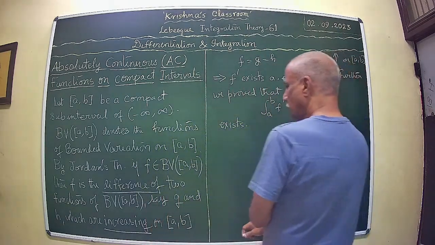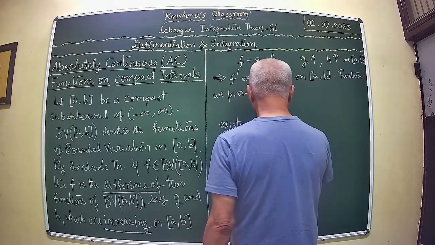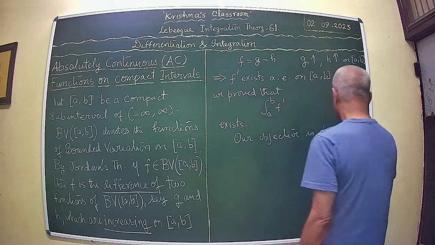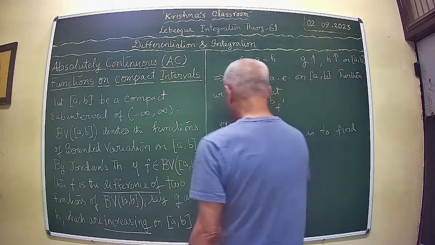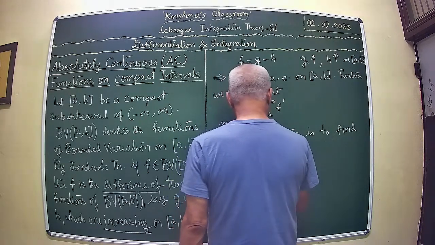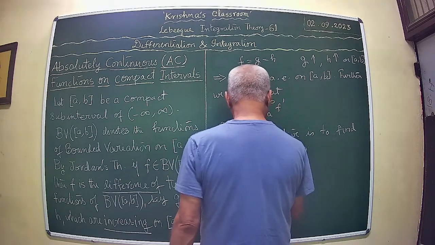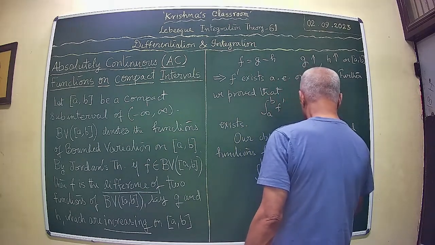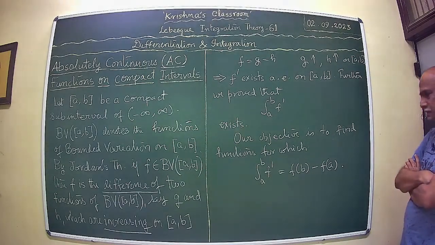See, our objective is to prove, to find functions for which the integral from a to b of f derivative equals f(b) minus f(a), that is proving the fundamental theorem of calculus.